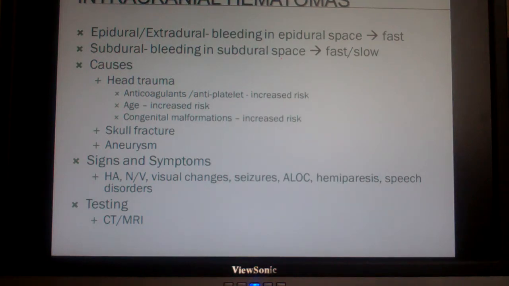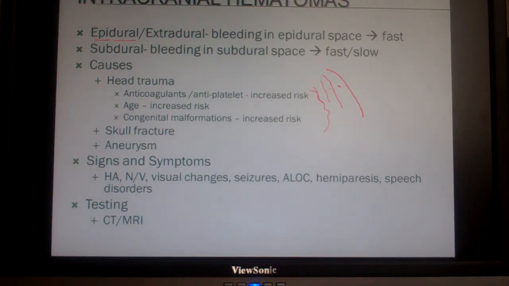Okay, like I said, there are a couple of different kinds here. Let's start with the epidural, as in the one on the outside of the dura mater. So again, this is the skull, this is the brain, and you've got your dura, arachnoid, and pia maters. Then you can have one up here too, right?